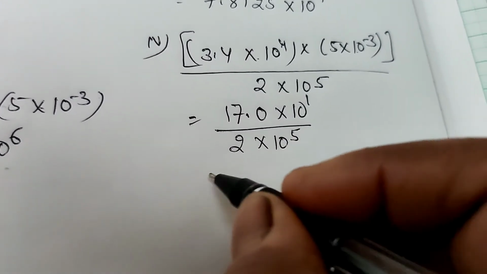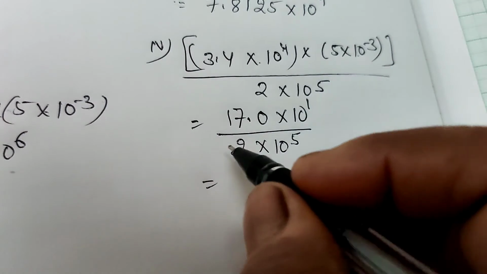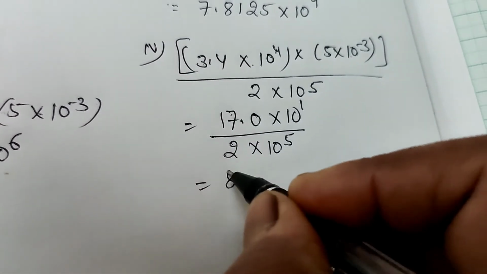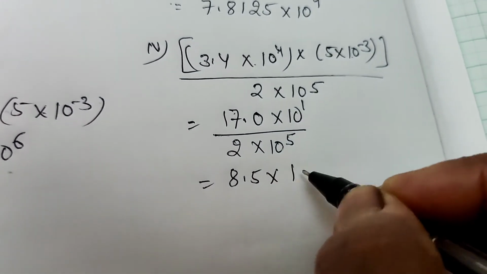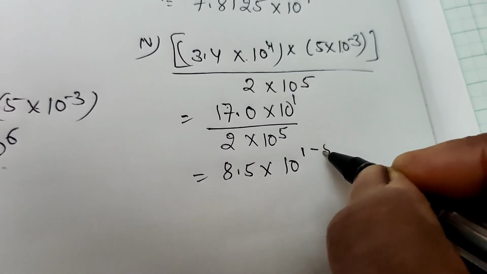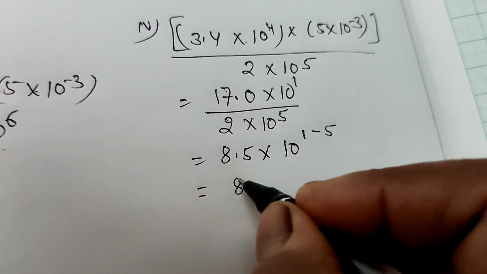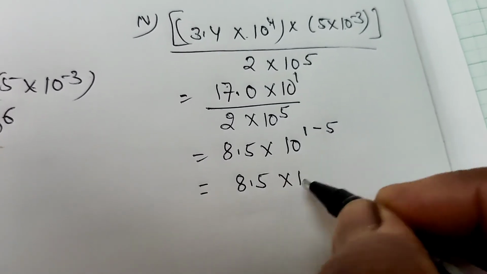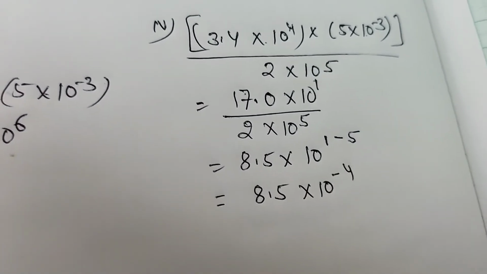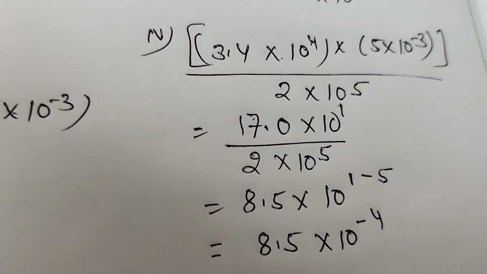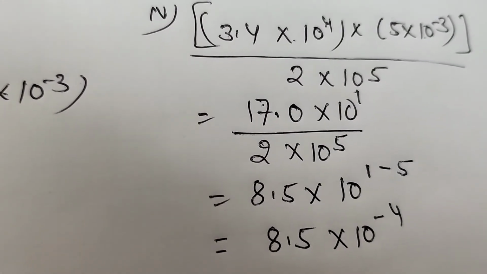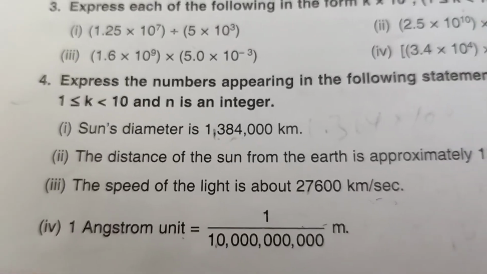So we can simply divide 17 by 2, 8.5, and subtract the powers. In division the power is subtracted, 1 minus 5. In the exponential form, powers are subtracted in division and added in multiplication. This is the answer.